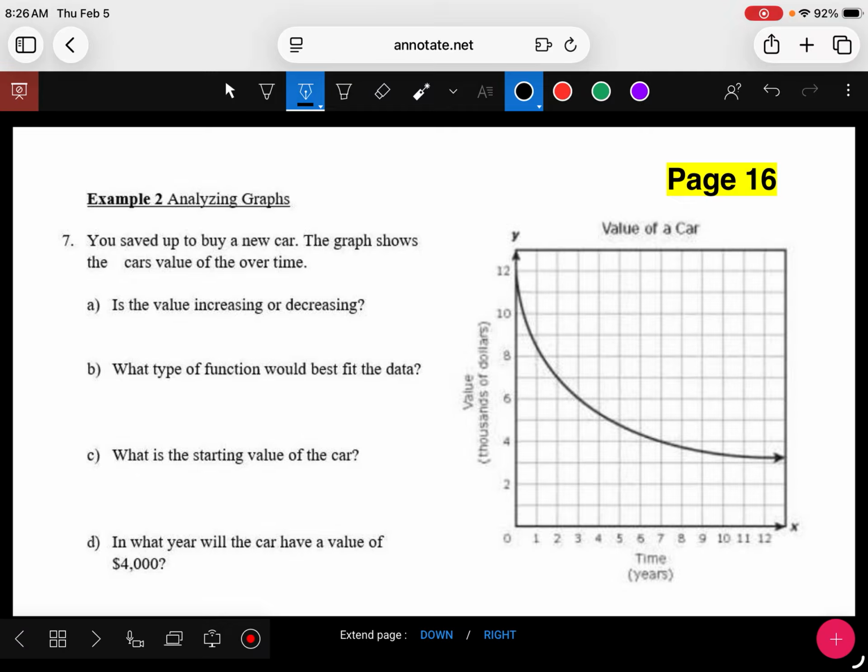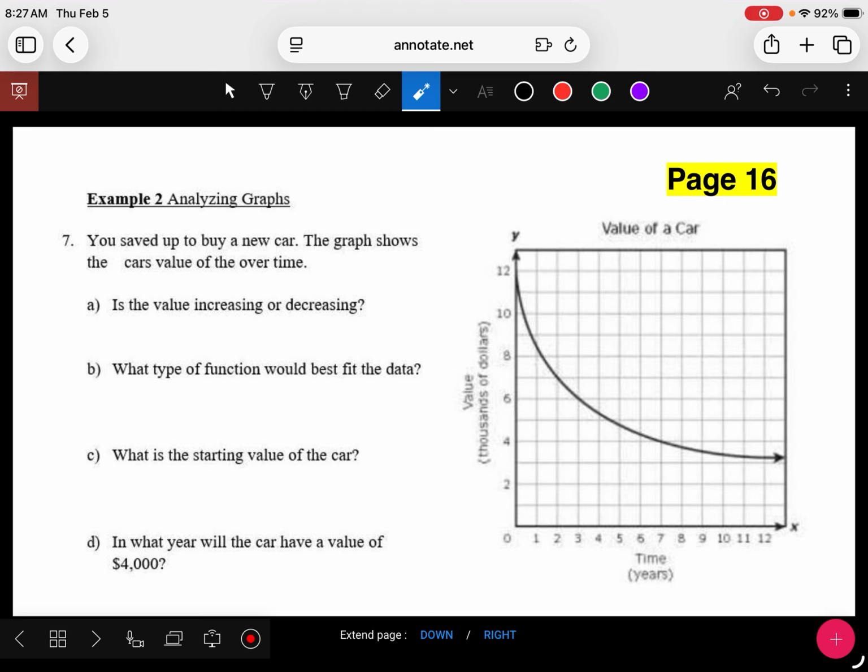This table is talking about the value of a car. When we look at the y-axis, I want you to notice that this is the value in thousands. So this 6 represents 6,000. The 10 is 10,000.